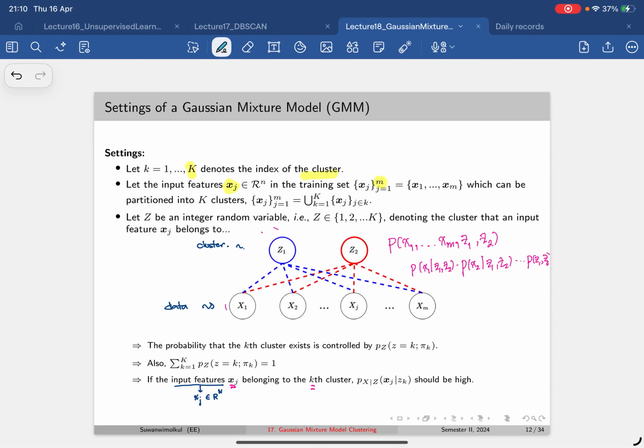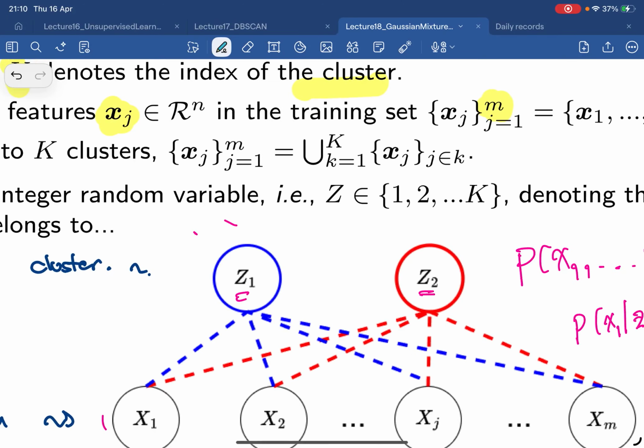One thing you should notice is that z denotes the cluster that x belongs to. Let's say x could belong to just one of the two clusters, so that means the probability of z1 plus the probability of z2 will be equal to 1.